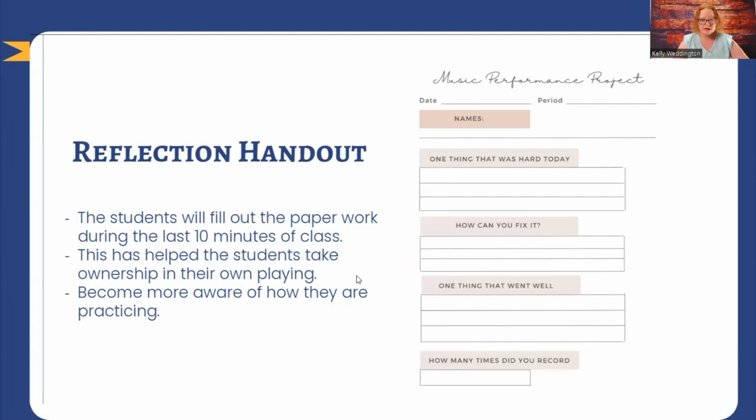That's when they work in the groups, like I showed earlier in the small group section. They fill this out as a group and they are learning how to work together, how to fix problems together. And it's helped enhance the rehearsals quite a bit because now they're more aware of stuff going on around them. So these resources should be available for you guys to download.